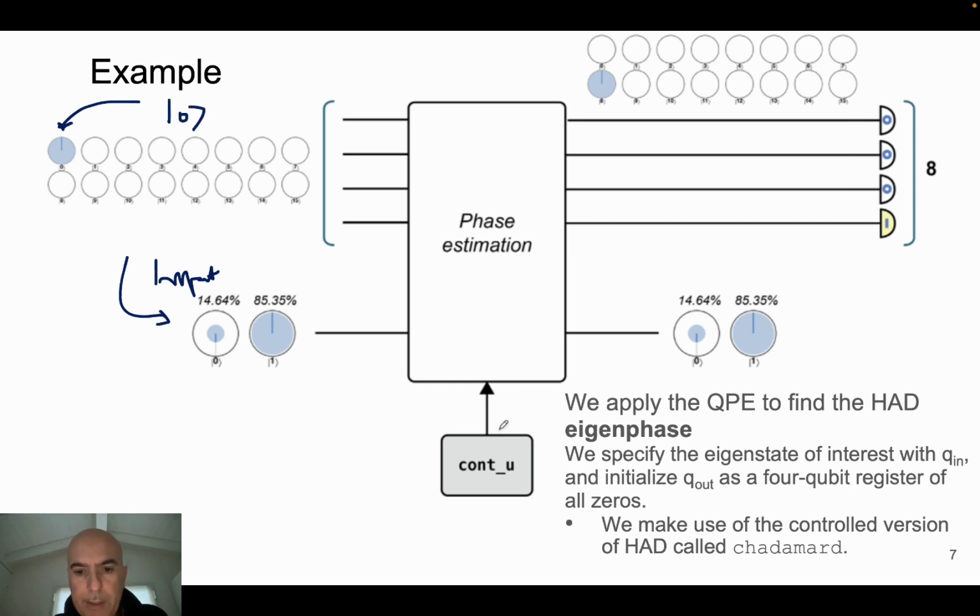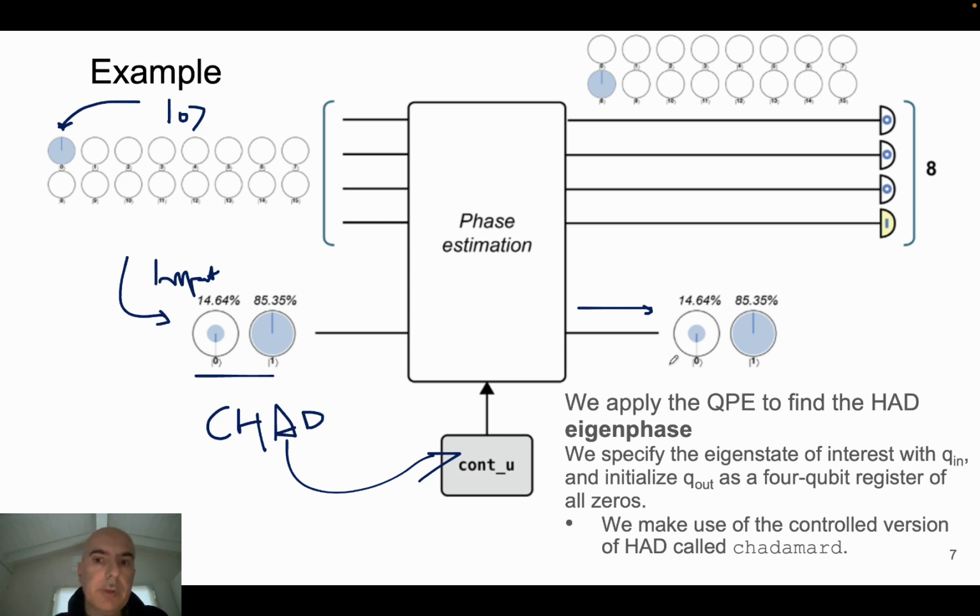Then we apply a controlled version of the Hadamard gate, right? We can call this the CHAD, because it's a controlled version of the Hadamard gate. As the output we obtain the same eigenstate, because by definition, if it is an eigenstate, this should not have any effect on it. And we see we have it here.